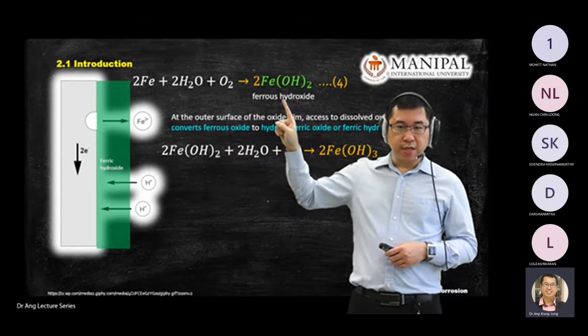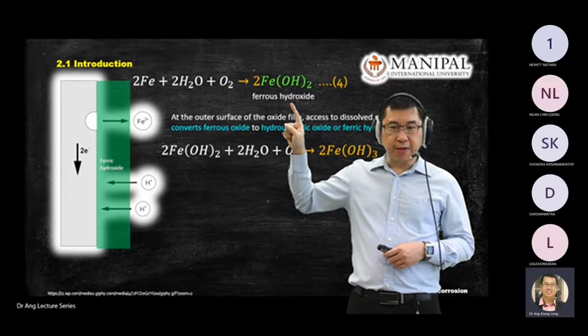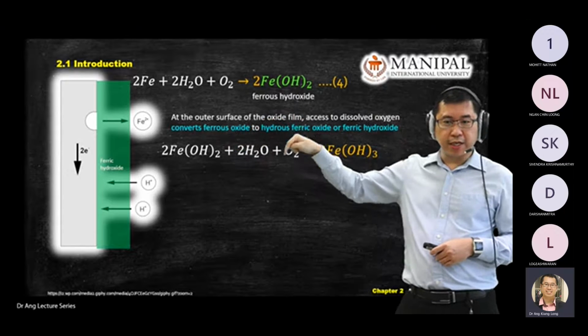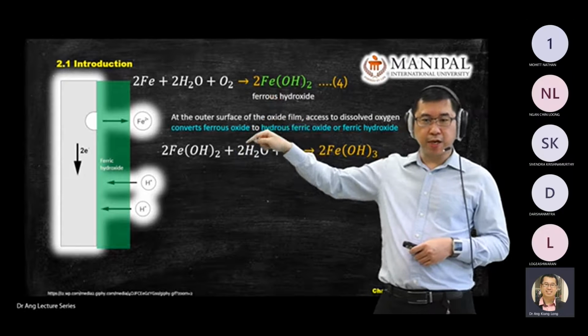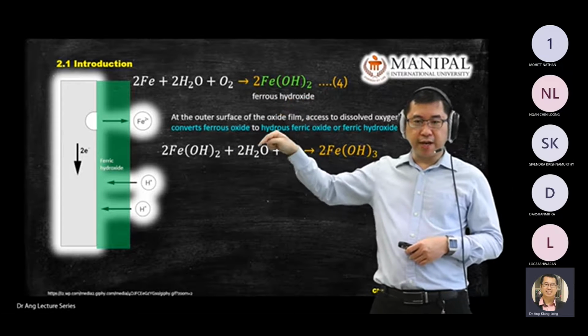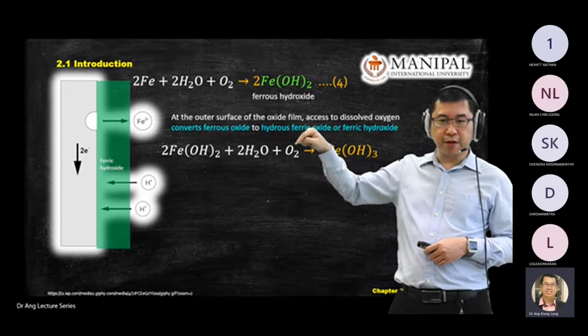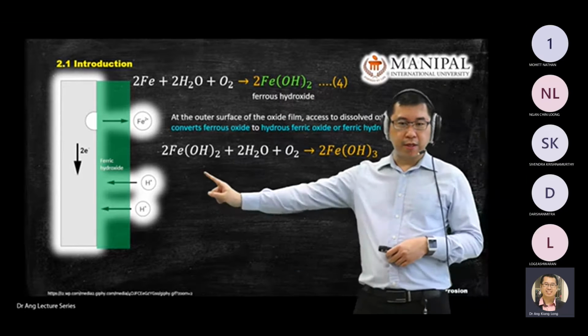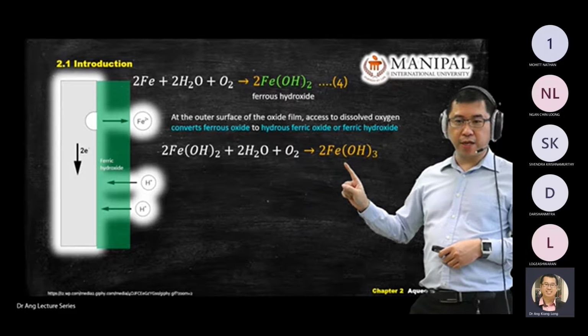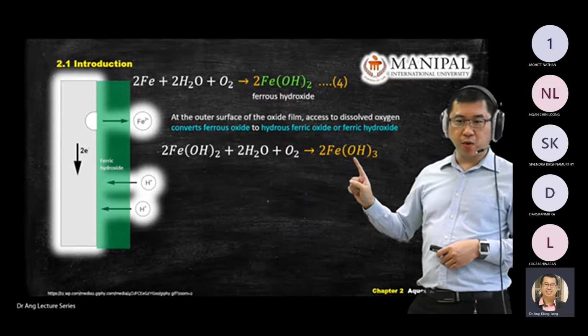So this ferrous hydroxide, the green color one, will combine with water and oxygen again. So this process will continue to happen. If you leave the surface long enough in water and with the presence of oxygen, this element is going to change to another new element with FeOH3.